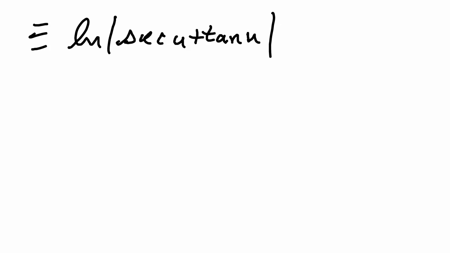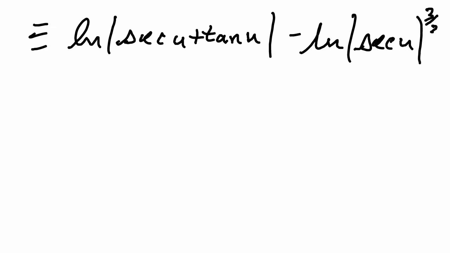What we really had here was the natural log of the absolute value of secant u plus tangent u. Once again, not plugging those 2x's in just to make life easier. And then I'm raising that exponent up. So it's natural log of the absolute value of secant u, but I'm going to put that to the 3/2 power. And then, of course, we have the plus c, which as long as we got that on at the end, we're good, right? So I can kind of ignore that.